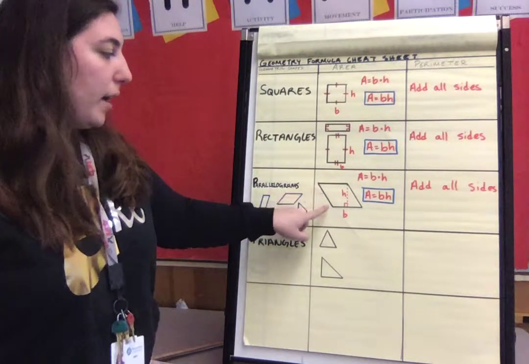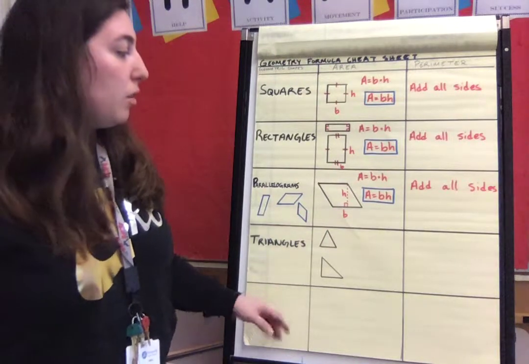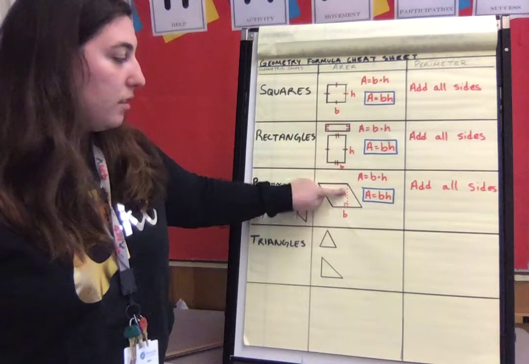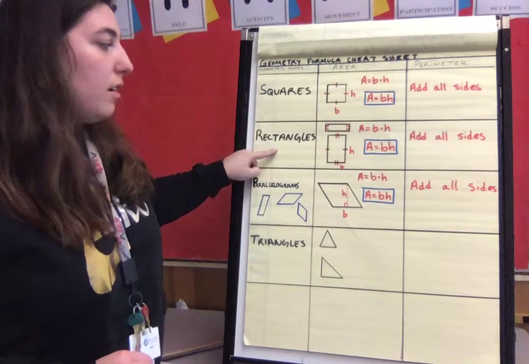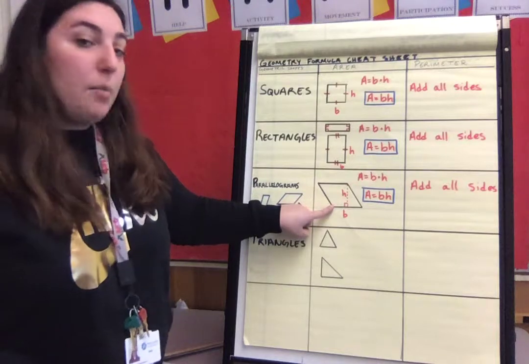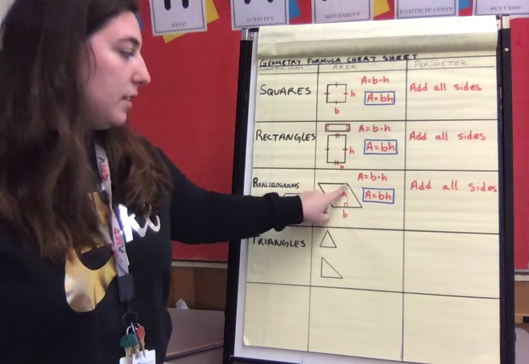So here we have our parallelogram, and to find the area of a parallelogram, you are going to multiply the base times the height. It's similar to a square and a rectangle, our formula. However, when we're looking at a parallelogram, you do not multiply these slanted sides.